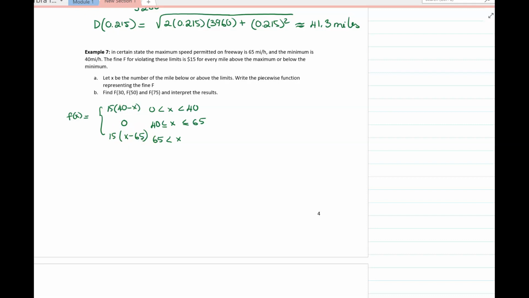And let's say we want to evaluate f of 30. So f of 30 is in between 0 and 40, so that's 15 times 40 minus 30, and that is $150 that you pay because you drive 10 miles below the speed limit.